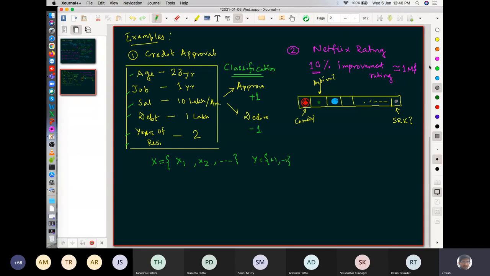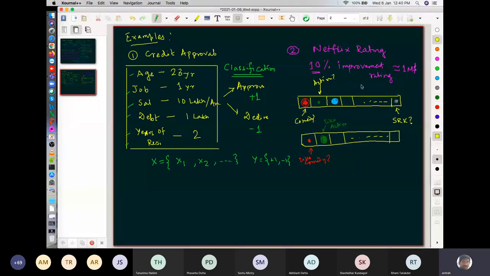And the user who rates the movie also has certain parameters. For example, a user likes comedy very little. Does he like comedy or not? Some user may like action more than comedy. So this is like action.